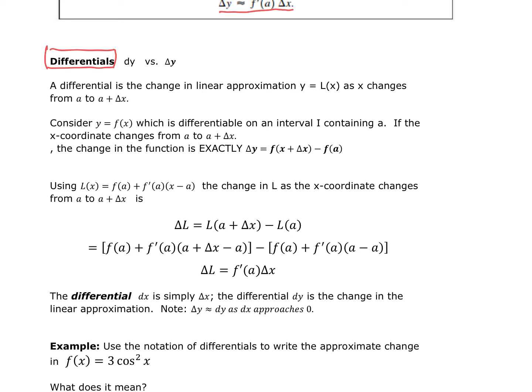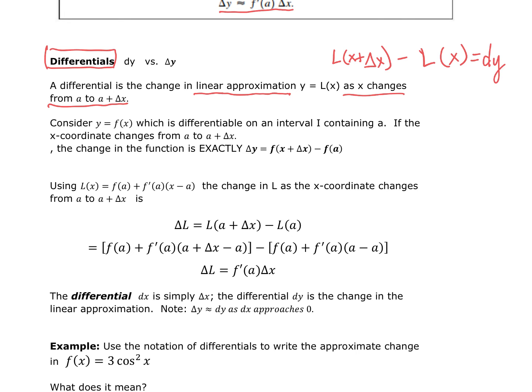is a change in the linear approximation as x changes. So we're talking about L of x plus delta x minus L of x. So the change not in the original function, but the change in the linear approximation. We denote that dy.